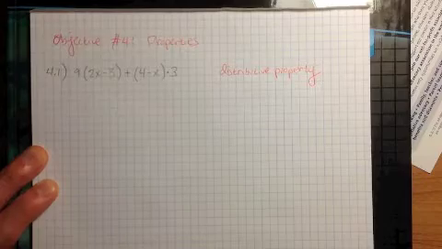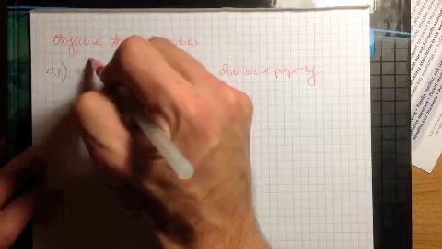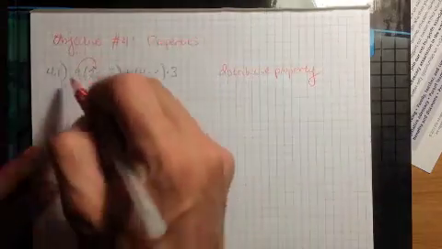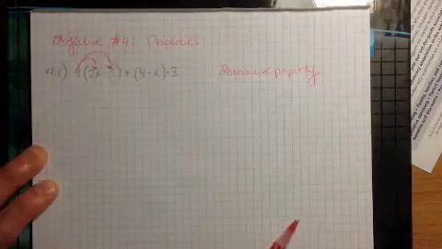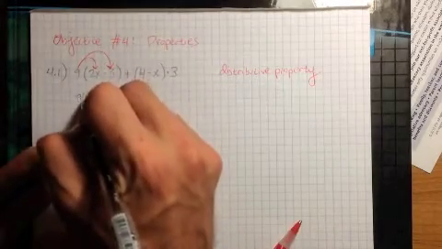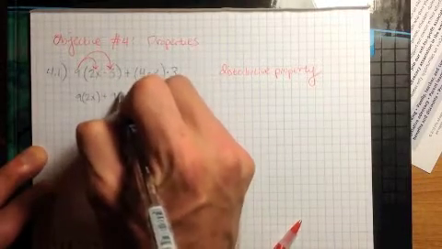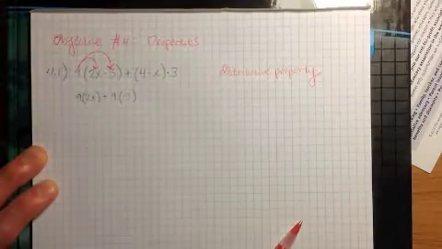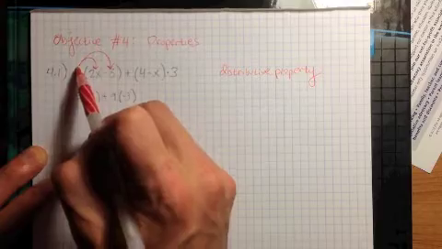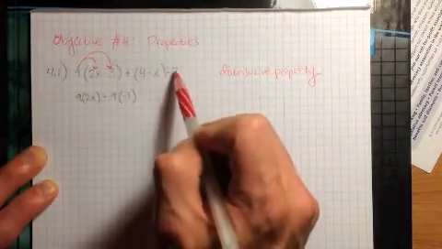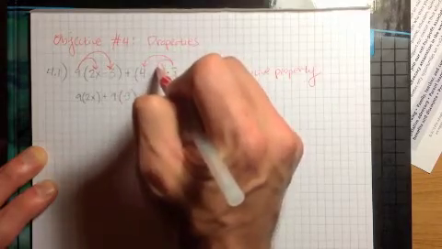The distributive property says that we can take this 9 and bring it in, multiply it by the 2x, and also multiply it by the negative 3. So 9 times 2x plus 9 times negative 3. Now, we distributed by bringing the 9 in from the front. We can also bring in the 3 from the back side. So it doesn't matter in which direction we go.